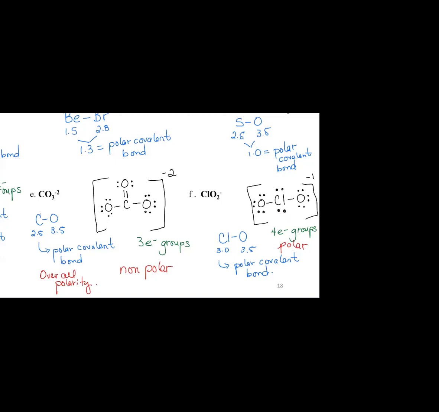I only have two things that I'm attached to, which are the oxygens. I need four that are the same. So because the tetrahedral geometry around the central atom does not have four identical groups, the molecule is polar. Okay?